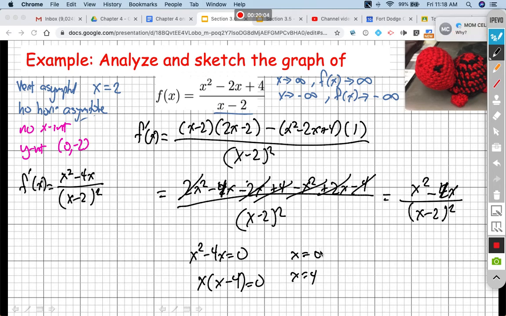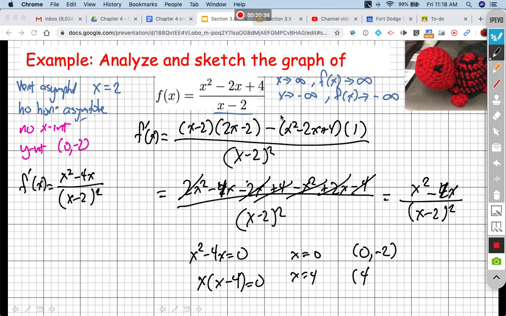So at x equals 0, I already know what that is. Because x equals 0, y equals negative 2. I also want to say, well, what happens when x equals 4? So I plugged 4 in for x into here, and I get 6, I believe.